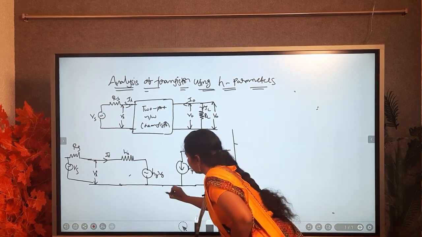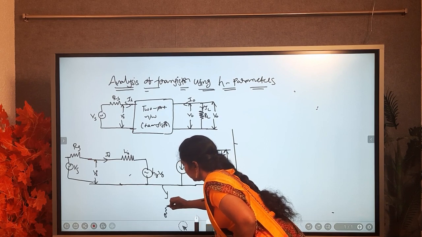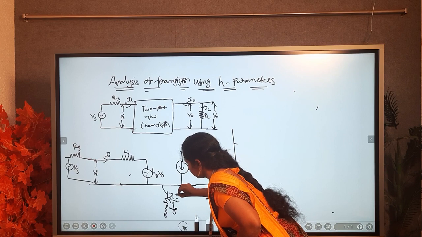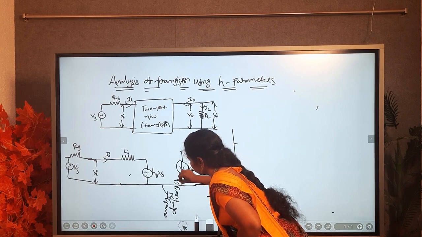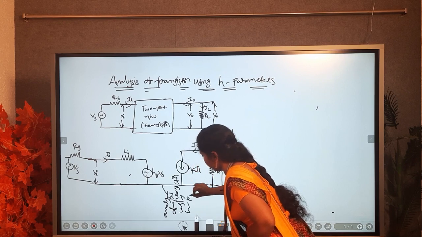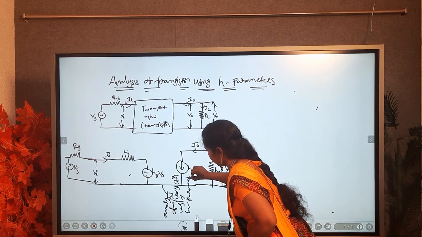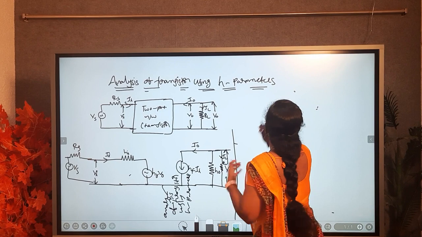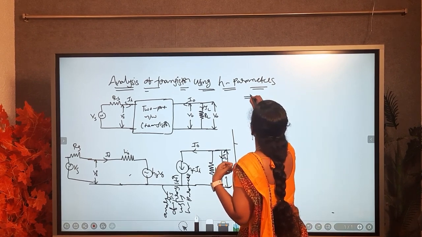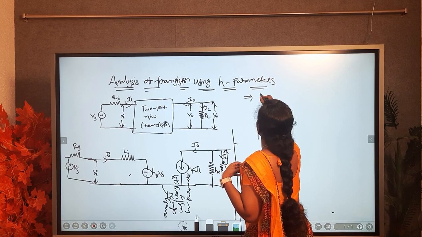This is the overall analysis of the transistor using the H parameter. Now first we have to find the current gain.